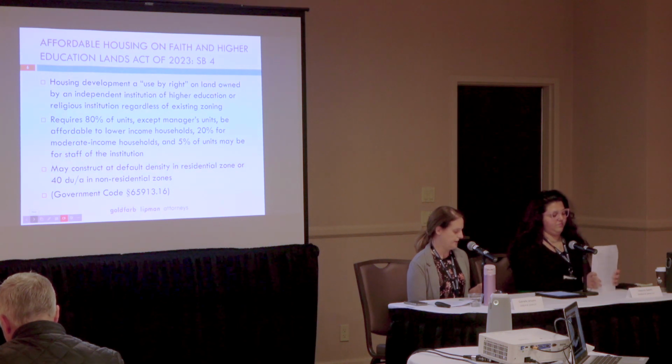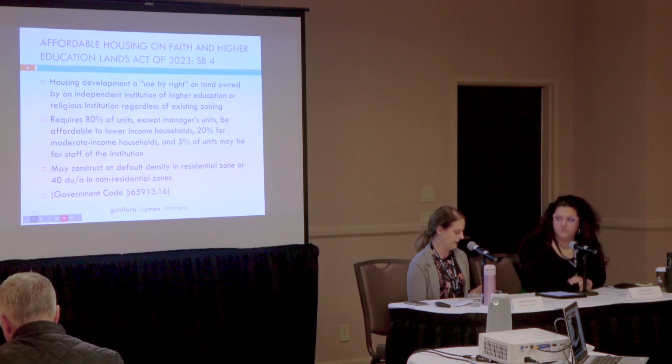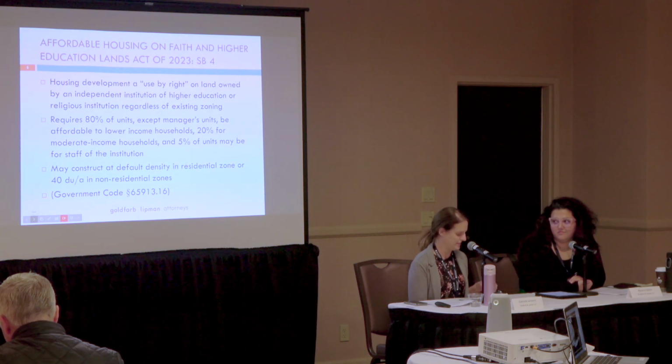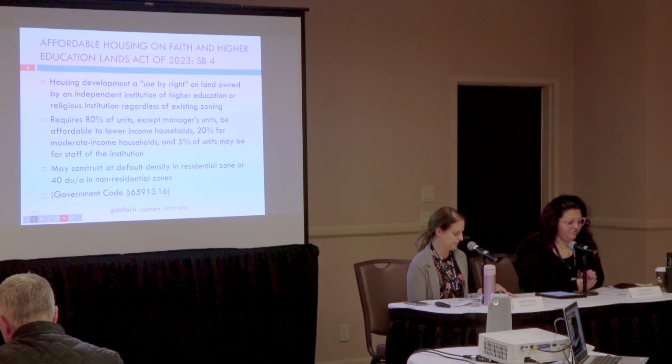Independent institutions of higher education are non-public higher education institutions that provide undergraduate degrees, graduate degrees, or both. And then a religious institution is an institution that's owned, controlled, operated, maintained by a church, religious denomination, or religious organization that is lawfully operating as a nonprofit under the Corporations Code.